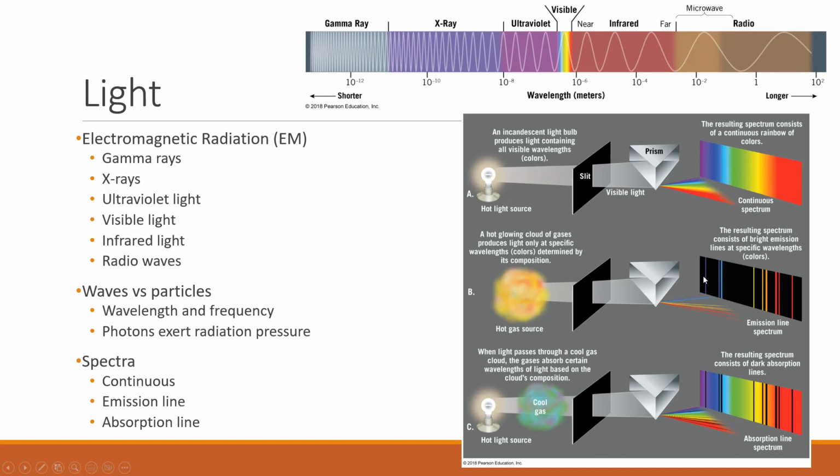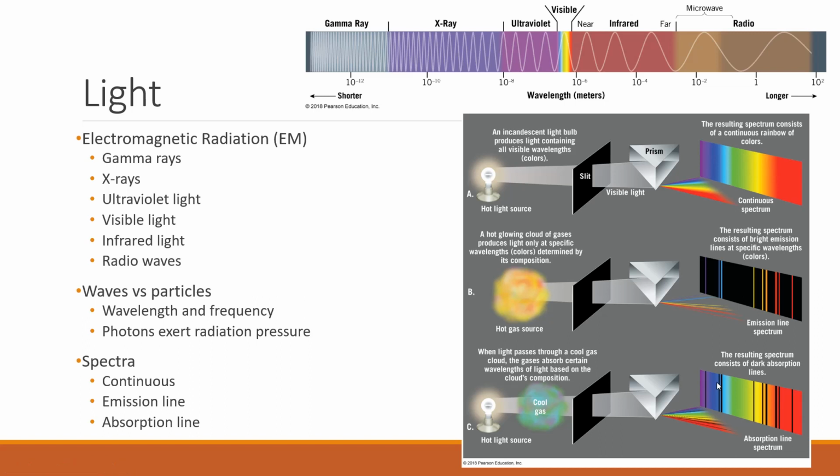And so we'll see certain colors, or those certain wavelengths will correspond to specific elements. So that's when we have these emission line spectra, or absorption line spectra, which will be the opposite.